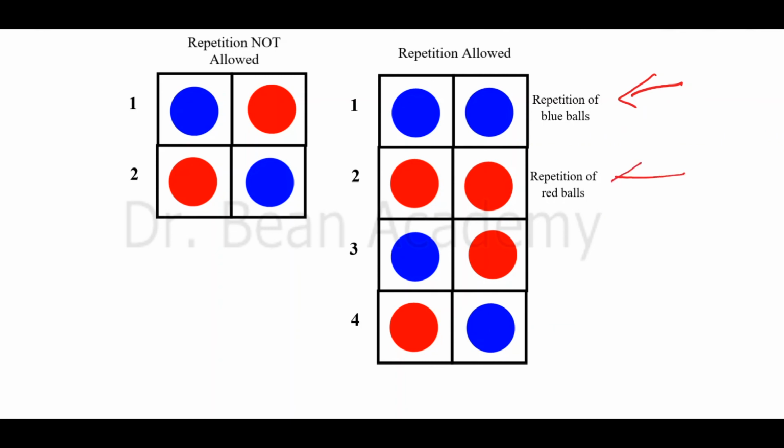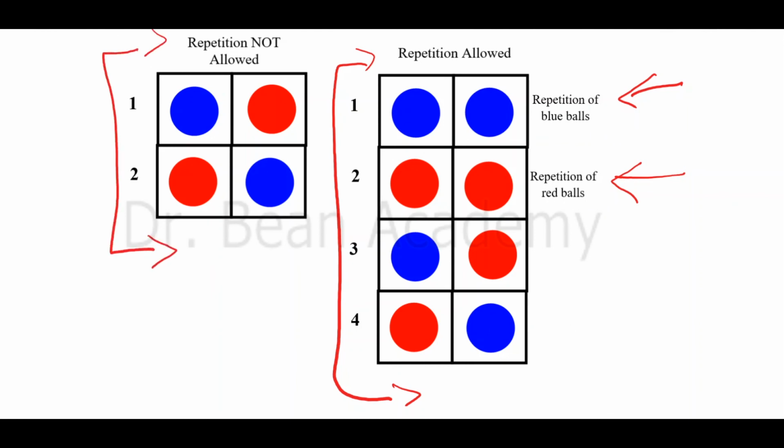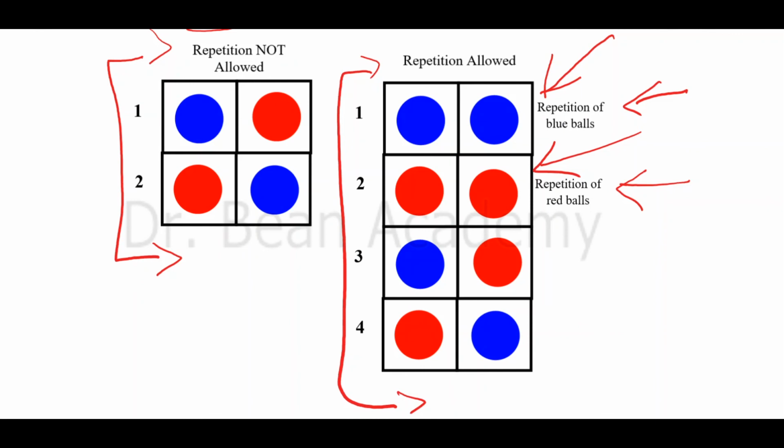And you remember that when repetition is allowed, I can make 4 permutations. But if repetition is not allowed, which is the case in this example, I can make only 2 permutations. Because I can't make the one with 2 red balls, because the 2 same balls cannot come after each other in one permutation. Okay, so the formula was right. We can only make 2 permutations if repetition is not allowed in this situation.